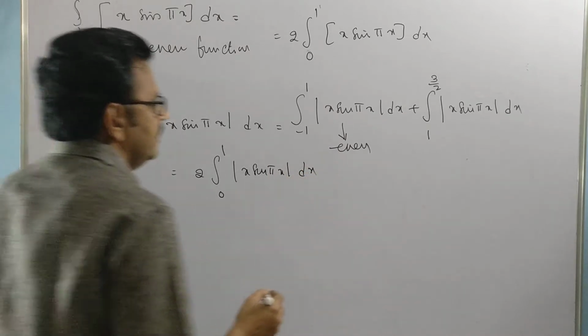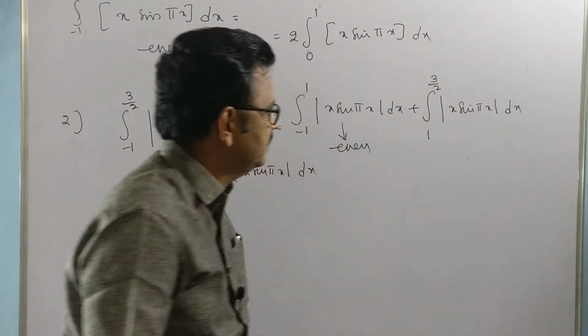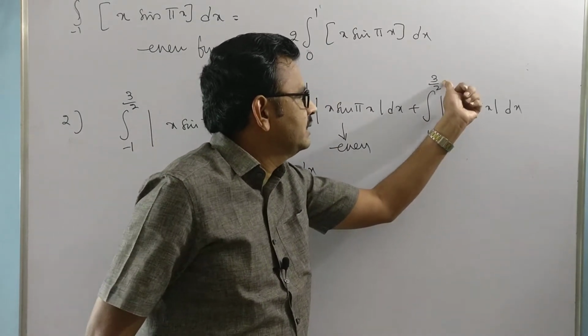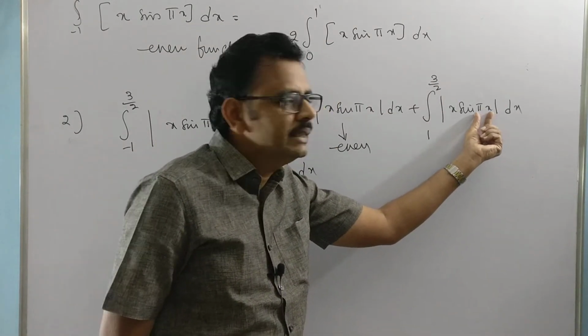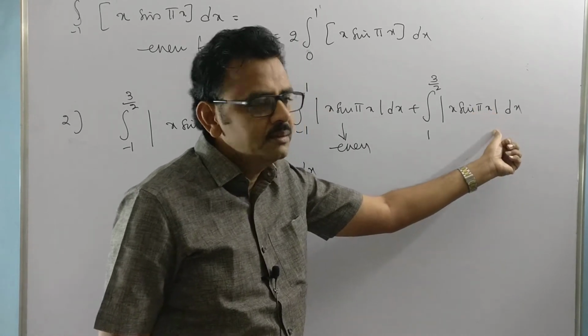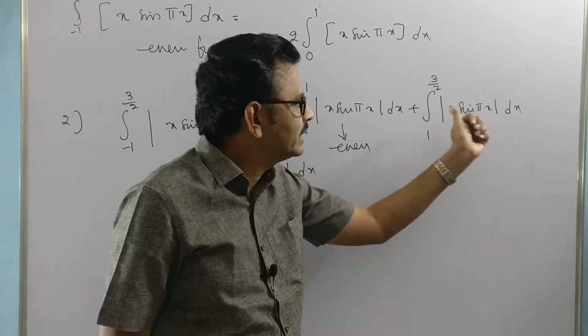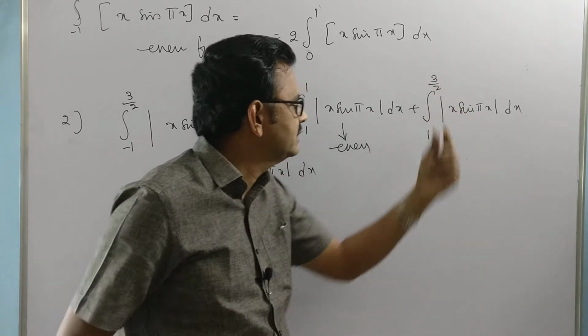And in the interval 1 to 3 by 2, the value at 3 by 2 is sin 3 pi by 2, which means sin of 180 plus 90, that is minus sin 90, minus 1. So x is positive and in the interval it is negative.